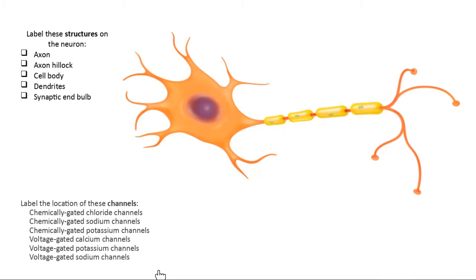And when we're talking about neurons, the chemically gated channels open with neurotransmitters. The only place on a neuron's membrane that's going to have chemically gated channels are the places where it's going to receive chemicals, or the places where it's going to receive neurotransmitters.